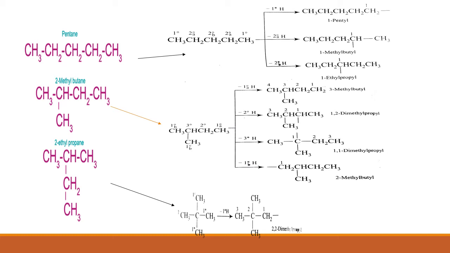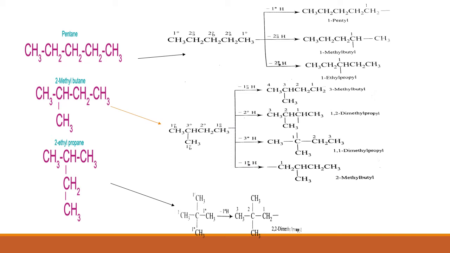The alkyl groups which can be obtained: in the first case, the H is removed from the terminal carbon. In the second case the H is removed from the second carbon. In the third case the H is removed from carbon number 3.